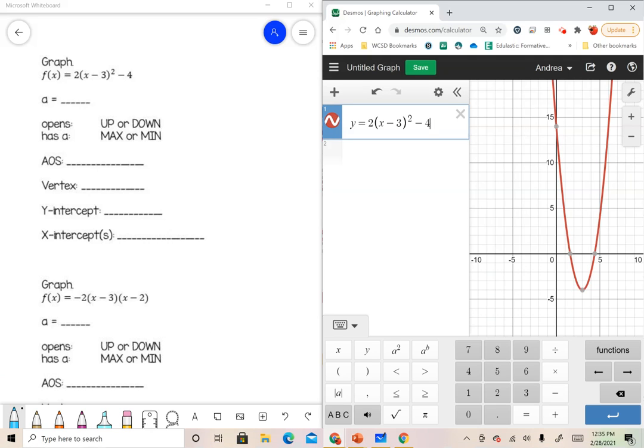Now what you're going to see with Desmos is I don't have a graph over here, so we're actually not going to graph it, but we're going to use Desmos to find everything else.